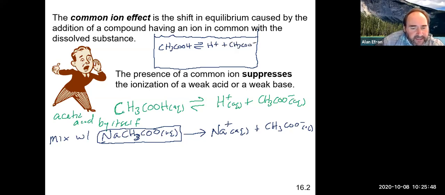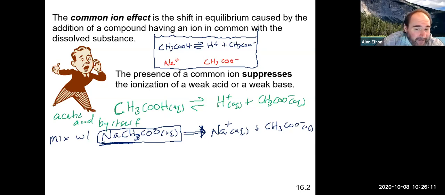The sodium acetate will not set up an equilibrium. It's a one-way street to breaking apart into ions. So essentially, when you add the sodium acetate, you have your equilibrium set up, and now you also have some sodium ions and some acetate ions in there.